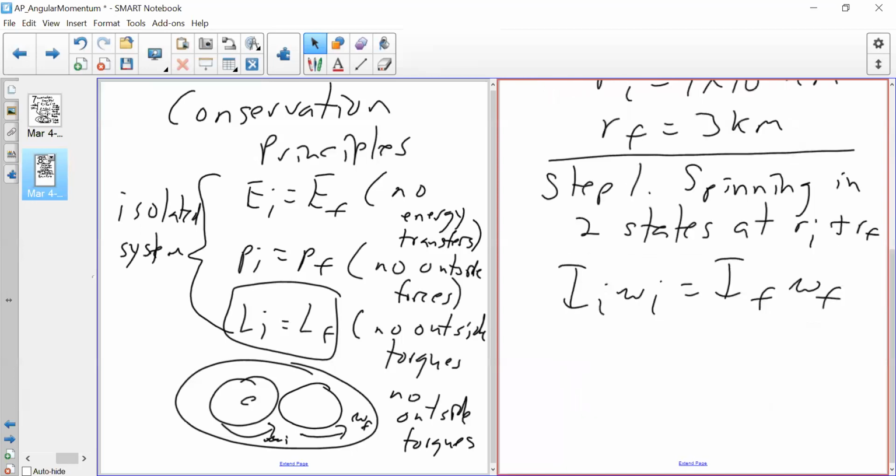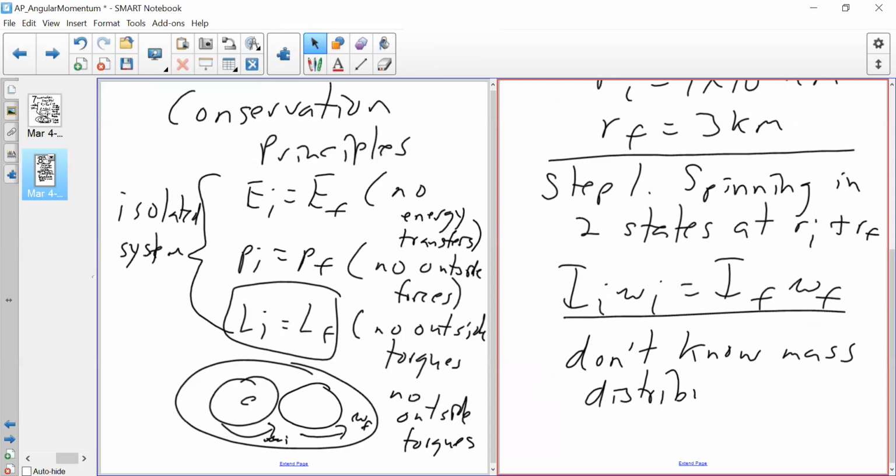So they're just making an assumption that they don't know what the mass distribution is like, what type of shape it is. But we know that the moment of inertia is always mr squared multiplied by some constant, and this constant, call it k.